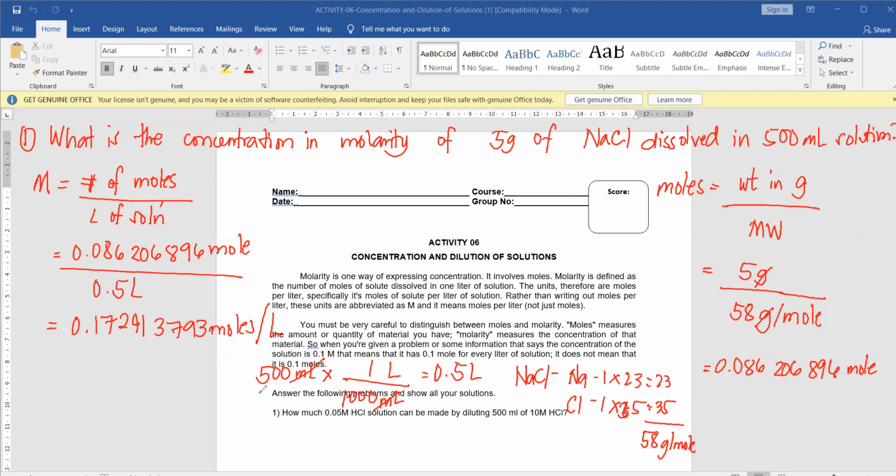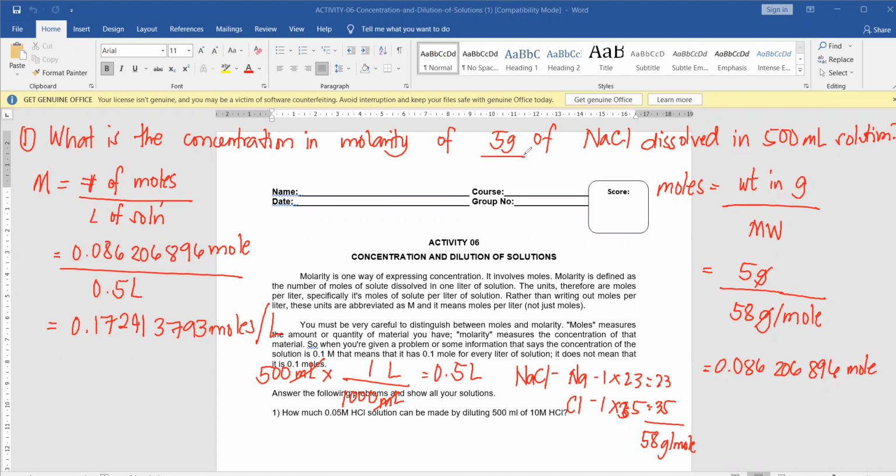Because there will be times that my instruction will be that you have to follow the rules for significant figures. So since this is division, you need to follow the least number of significant figures in the given.